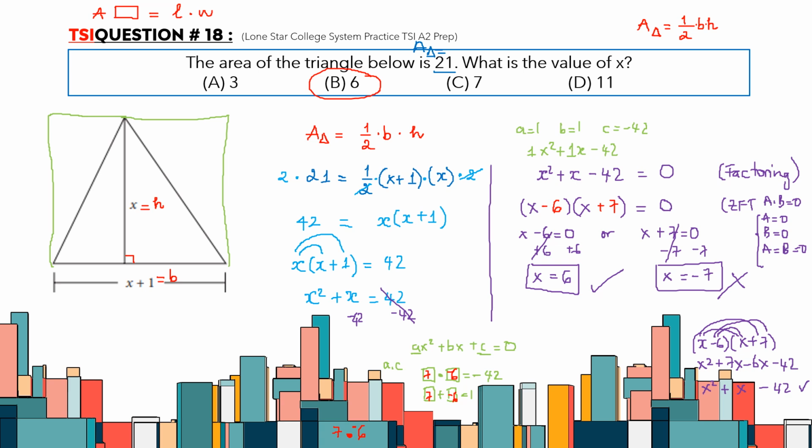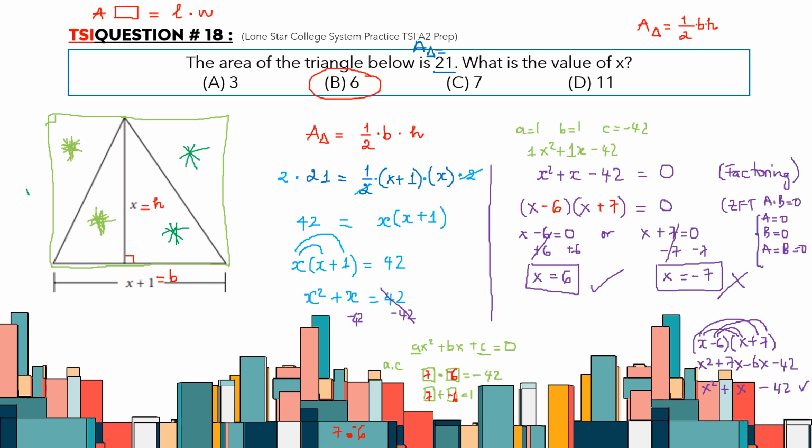We can see that it will be from a rectangle, and this small triangle is the same as this one.